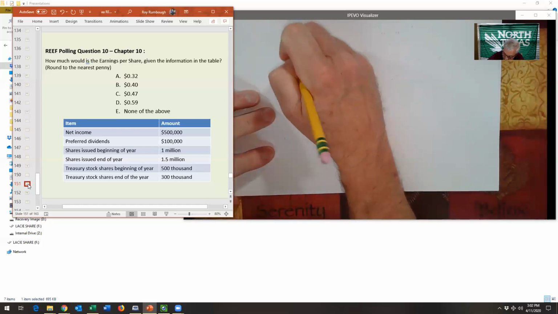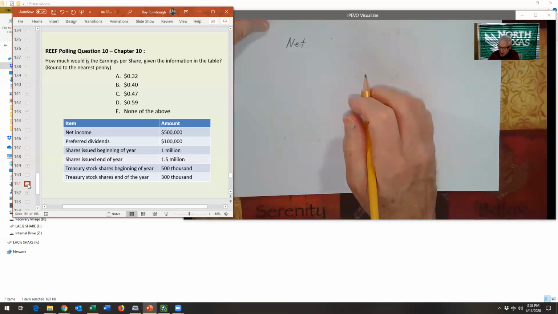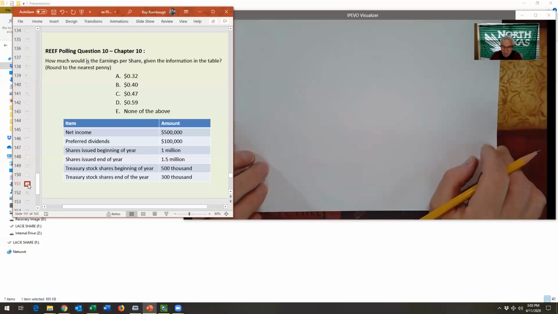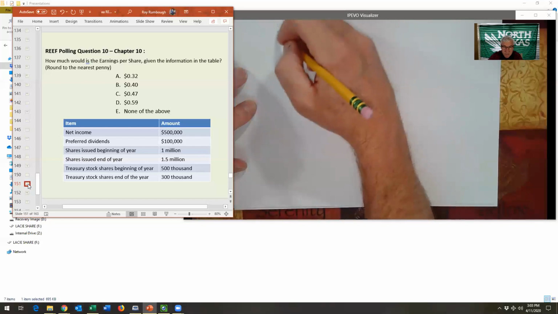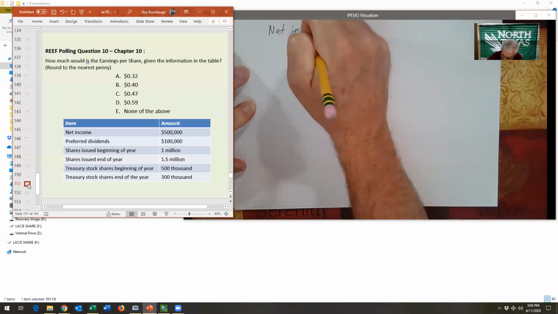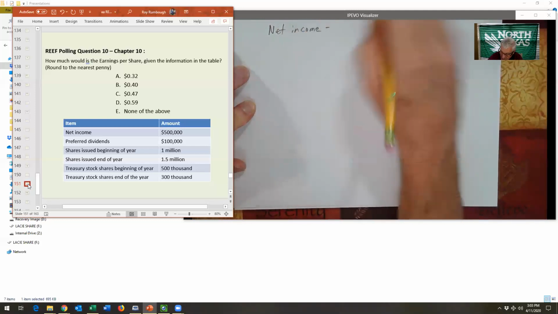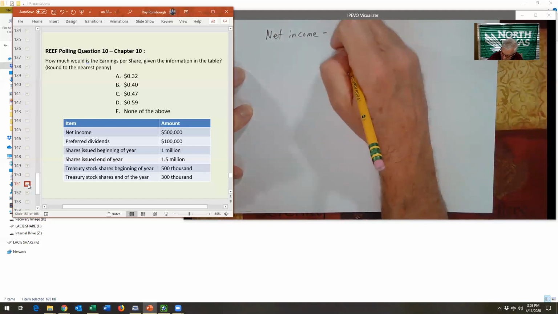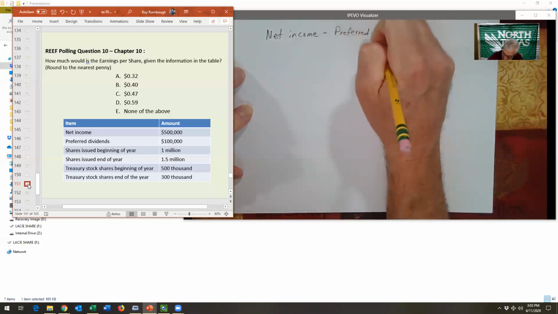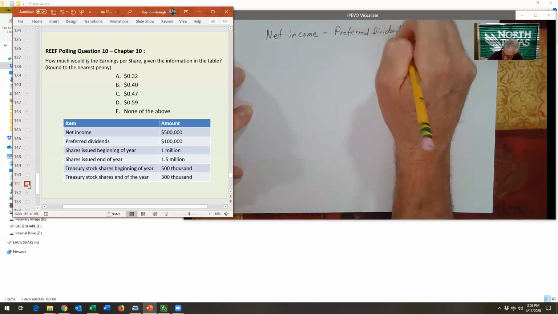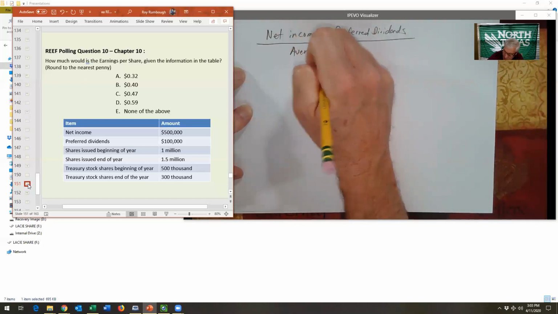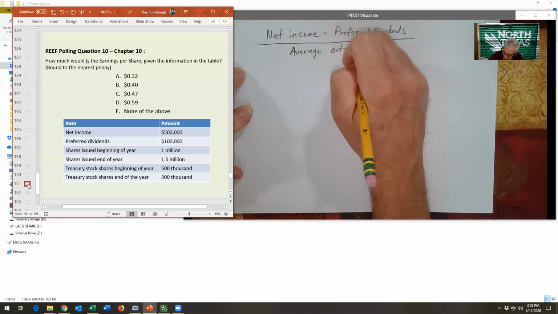Now the top part, let me just do this here differently so we have more room here. So here I can write here. Net income minus preferred dividends divided by average outstanding shares.